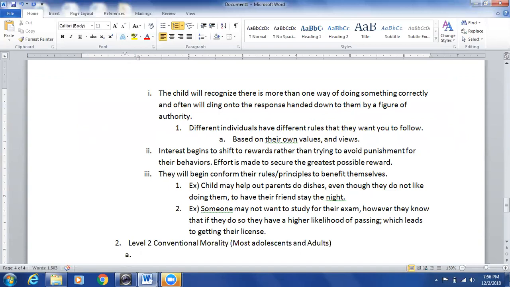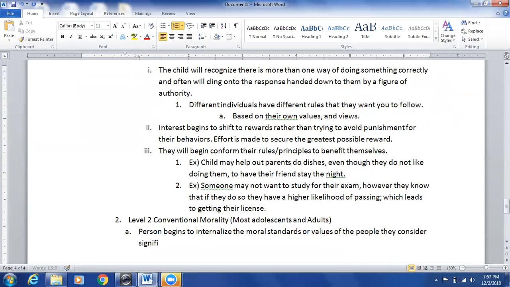This is where a person begins to internalize the moral standards or values of the people they consider significant in their life.